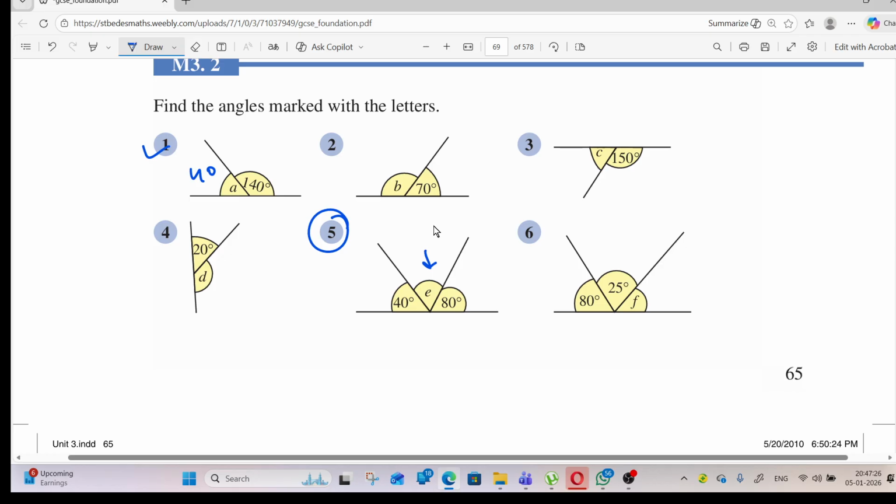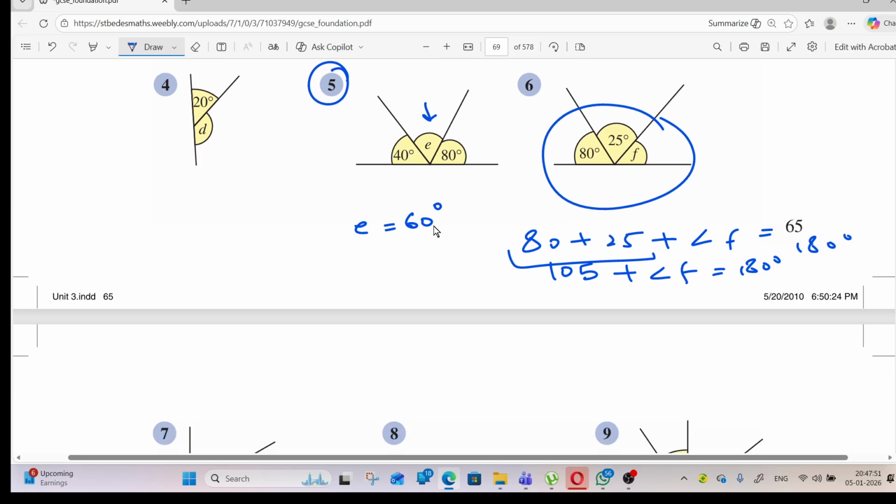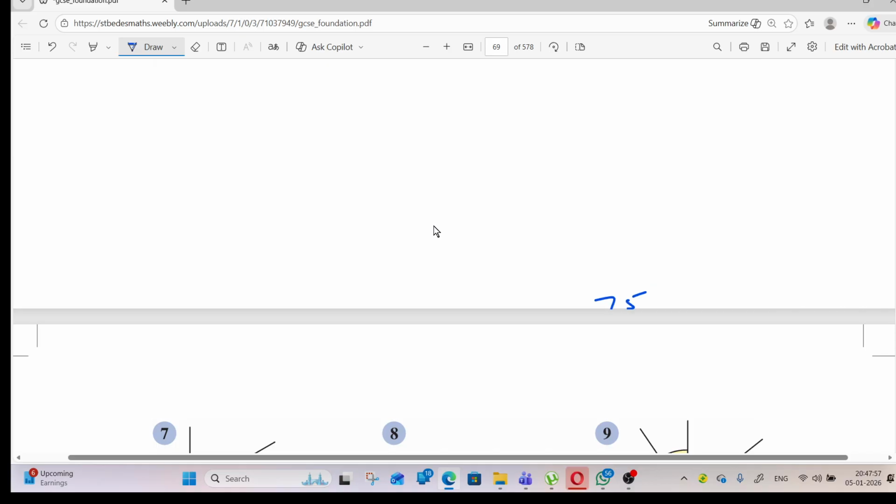Very good, 60. That's correct. Basically, if you add 80 plus 25 plus angle F, you should get 180 degrees. 80 plus 25 is 105, plus angle F is equal to 180 degrees. Because you want to find angle F, you need to subtract 105 from 180. So 180 minus 105, you get 75, right?